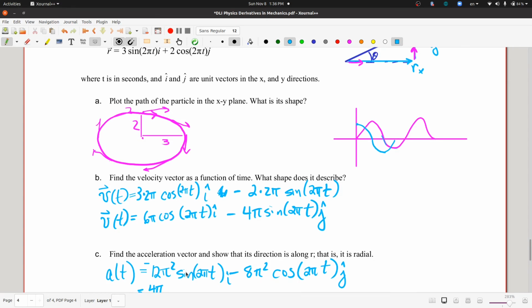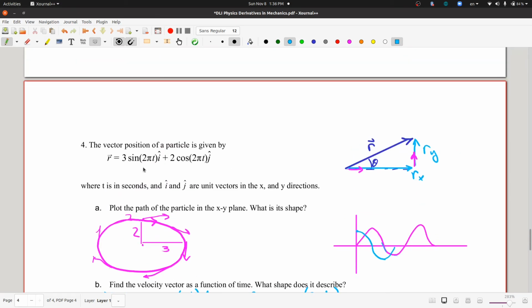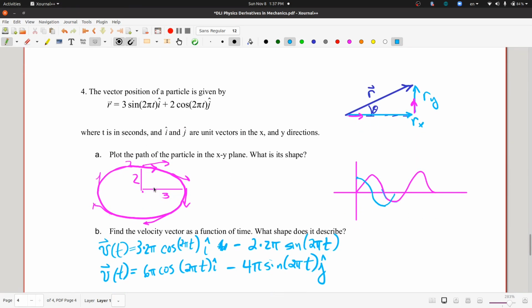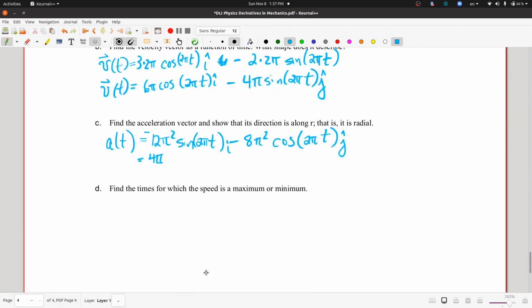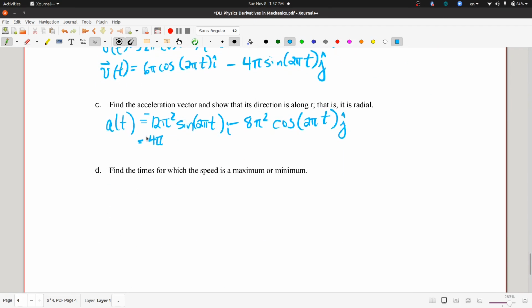And whereas I started with a positive sine as a function of 2 pi t, now I have a negative sine as a function of 2 pi t. So this is negative 4 pi times our vector r as a function of time. So that proves the acceleration vector is negative a constant times the position vector, which is radial. So we see that the acceleration is indeed radial, or always toward the center of this orbit.